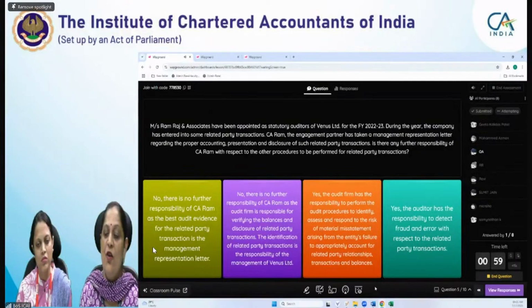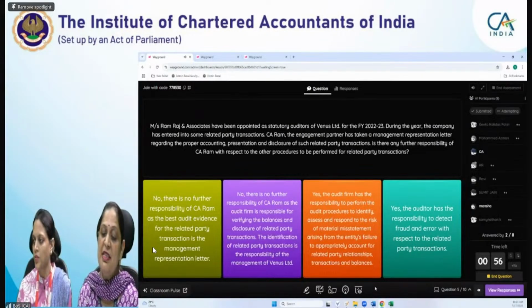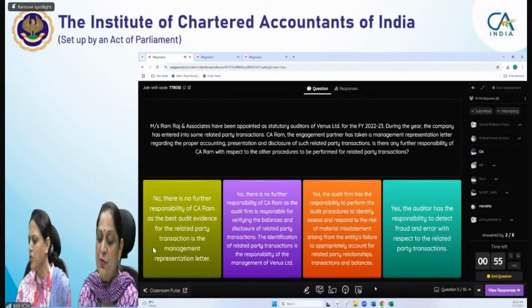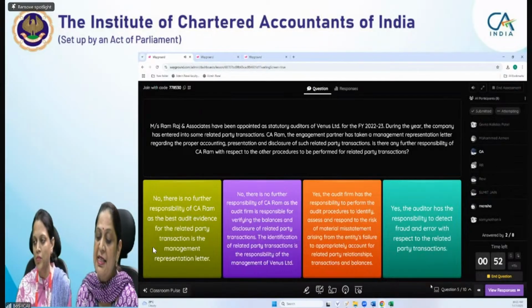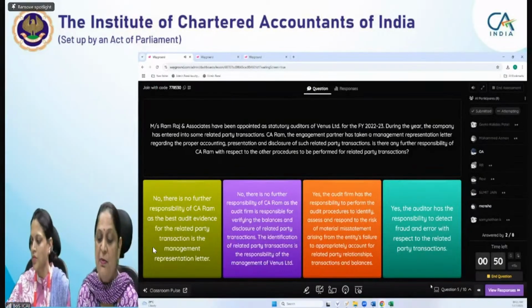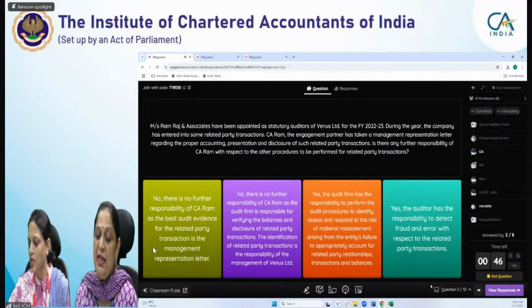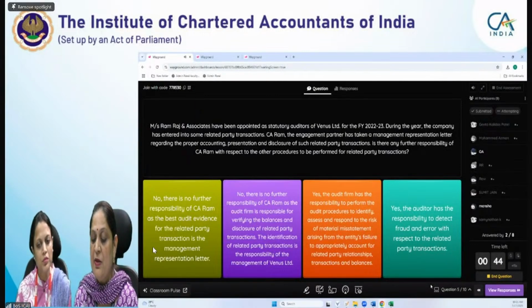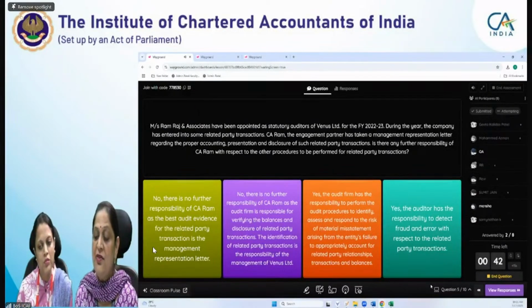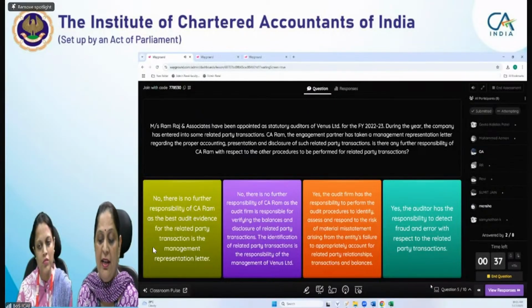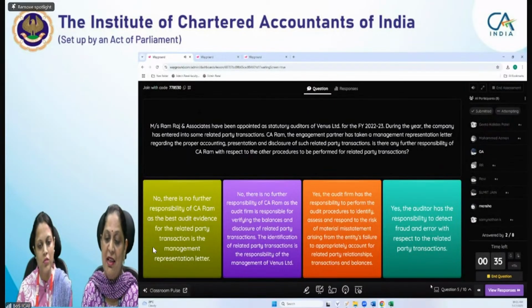Third, yes, the audit firm has the responsibility to perform audit procedures to identify, assess and respond to the risk of material misstatement arising from the entity's failure to appropriately account for related party relationships, transactions and balances. And last, yes, the auditor has the responsibility to detect fraud and error with respect to the related party transactions.